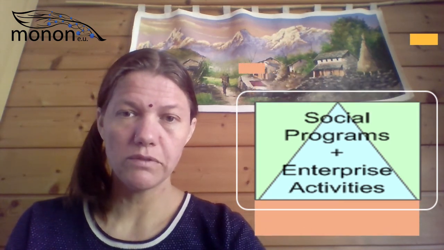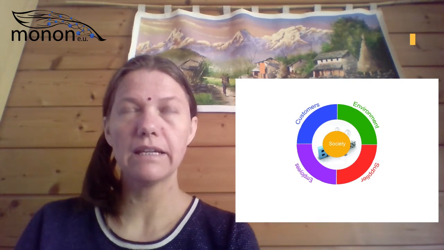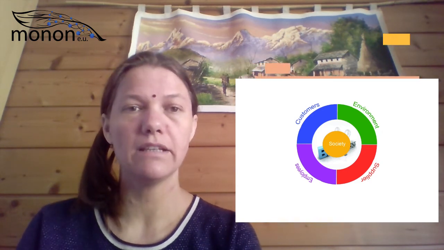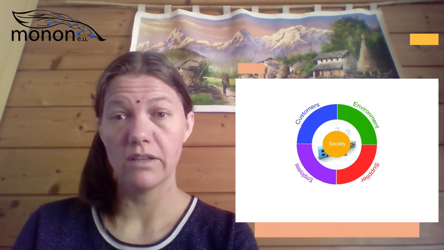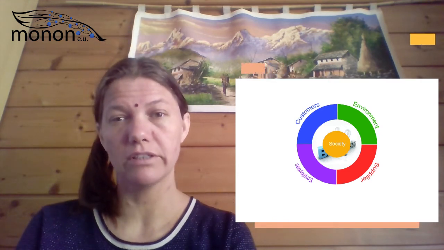I figured out that there is a 5th type of social business I found in Nepal, which is saying, okay, what I call here society is any kind of target group in the society which can neither be involved as customer, employees, nor supplier. So think about orphans, for example. You can neither sell them something because they don't have economic power, nor can you actually hire children to do your work.